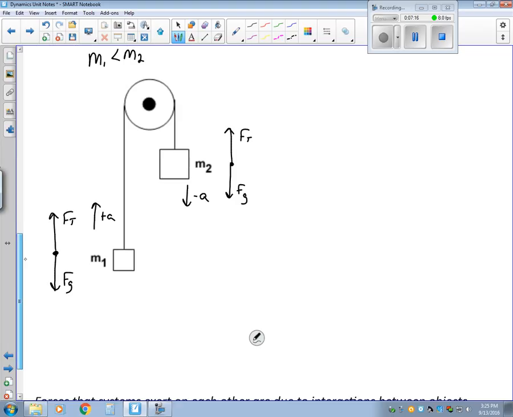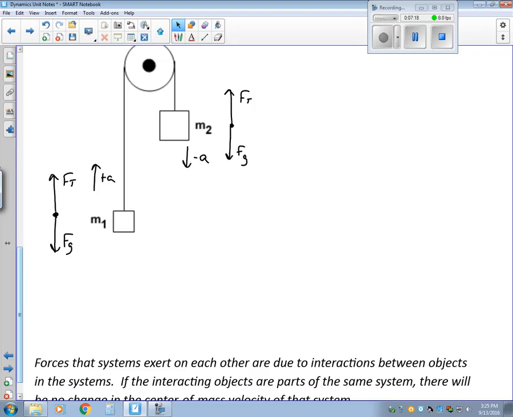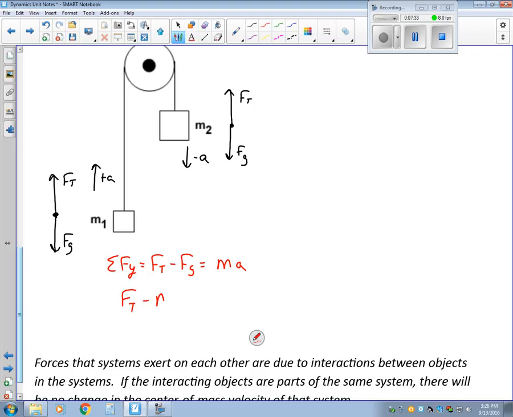So for M1, the sum of forces on the y-axis would look like that. In other words, tension minus M1 g equals M1 a. That gives me one equation.